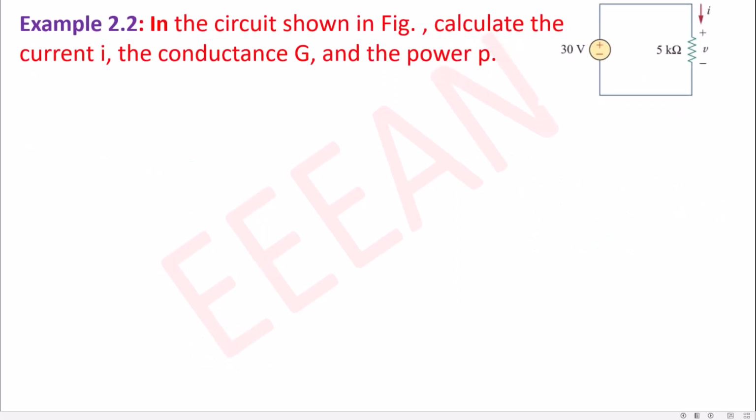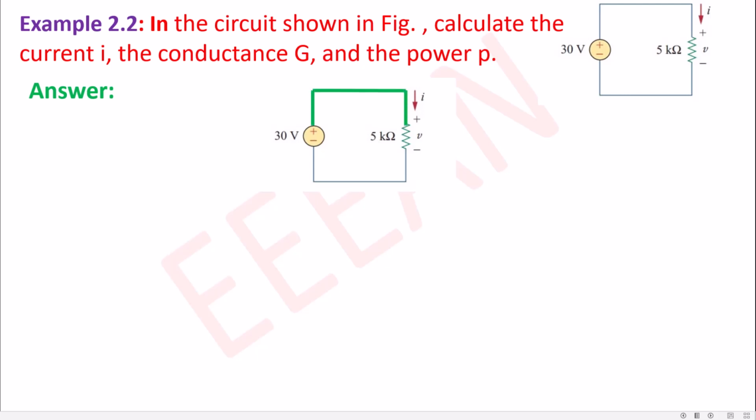Then the next one. The question says in the circuit shown in the figure, calculate the current I, the conductance G and the power P. In the circuit, we notice that one terminal of the 30 volt voltage source is connected with one terminal of the resistance, and the other terminal of the voltage source is connected with the other terminal of the resistance.